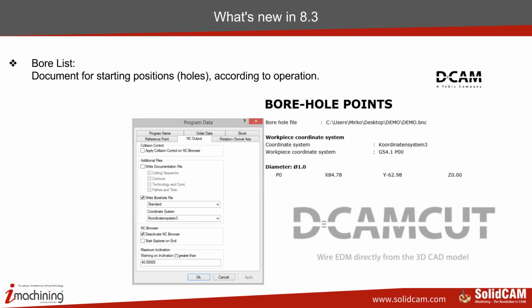The next one is a bore list, which is a very nice feature, and it can save us a lot of time. As you can see here, we can create small documents that can be used by the operator, and those borehole lists or start point lists contain the coordinates according to the coordinate system that you used.